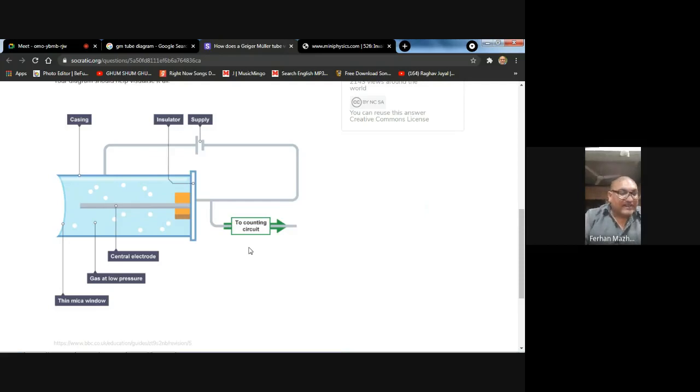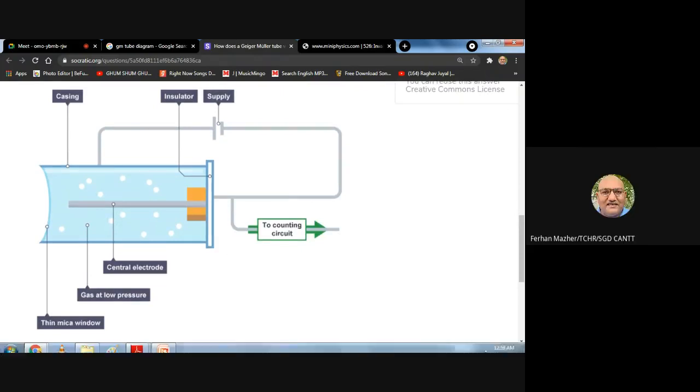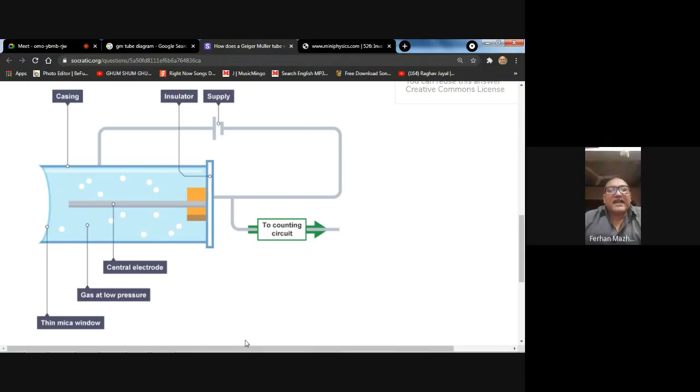Let me increase the size so it becomes clearer to you. Just draw this diagram. This is the GM tube, Geiger Muller tube.